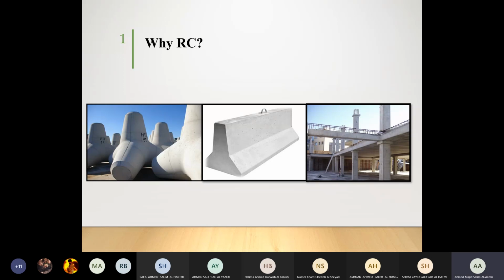If you have a formwork, your concrete can be shaped into whatever shape you want. Do you agree?